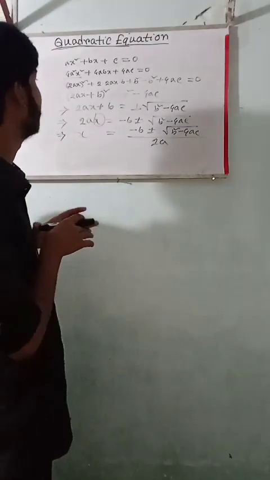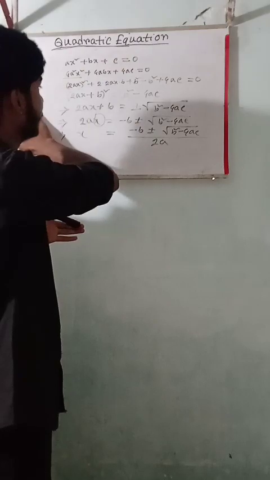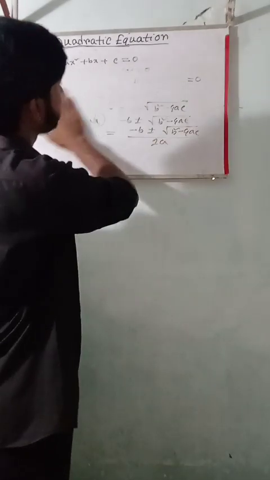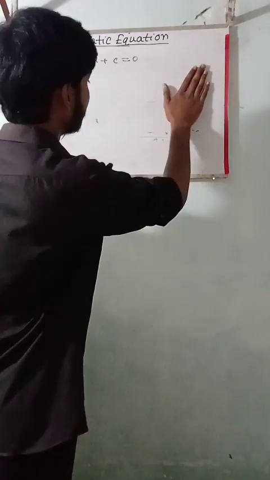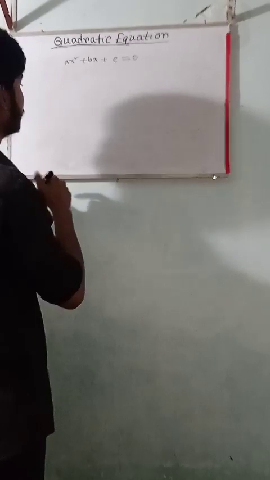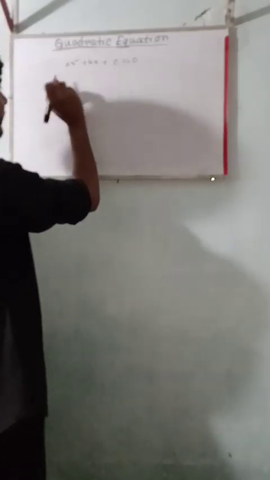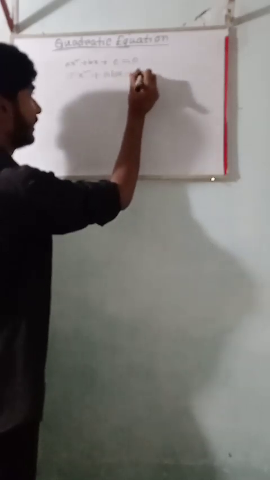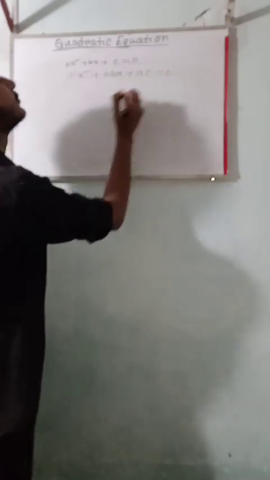Now we will apply process number 2 to this equation. If we apply process number 2, then we have to multiply both sides by a. If we multiply by a on both sides, then it will be a²x² + abx + ac = 0.